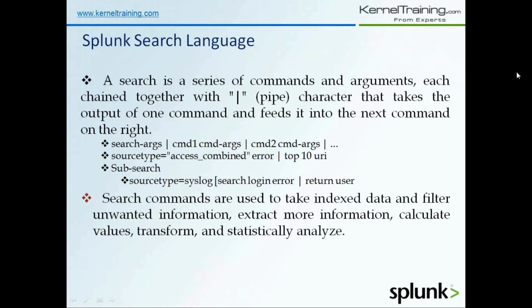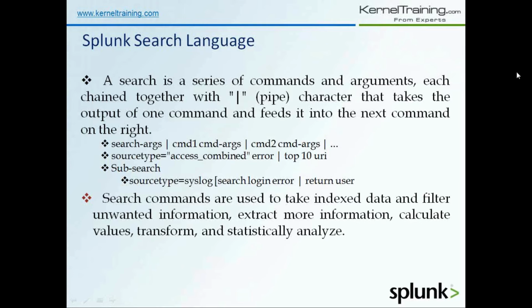So here there are some examples where you are seeing in the first example as search args, then pipe command args, then pipe command 2 command args. So let us suppose you are searching the string ABC, then you can do it as search ABC pipe, and another command which may be another search like search XYZ, then pipe search EKM.